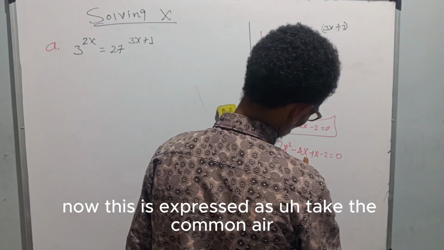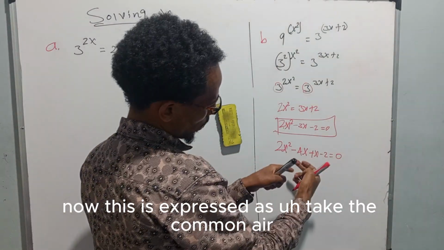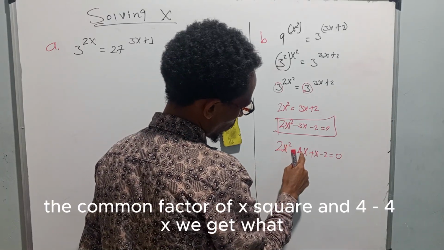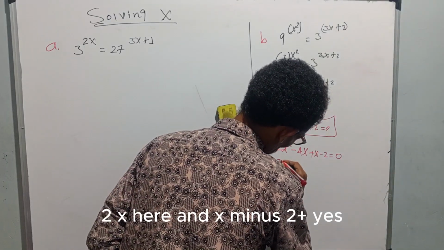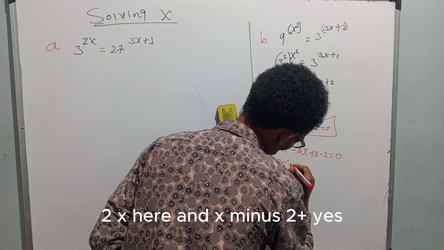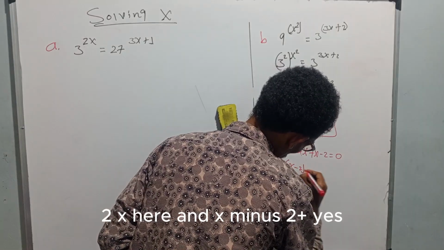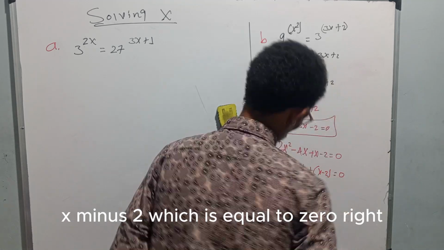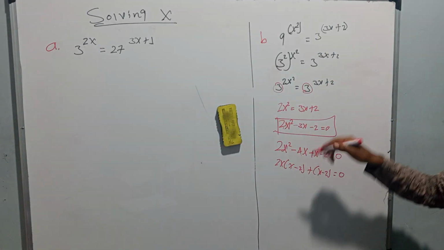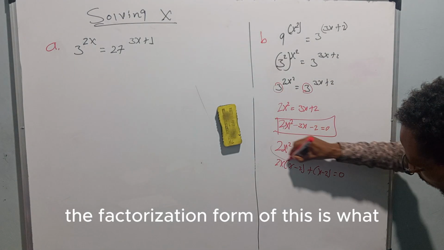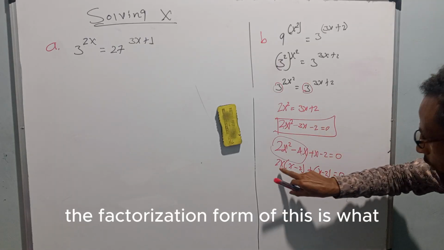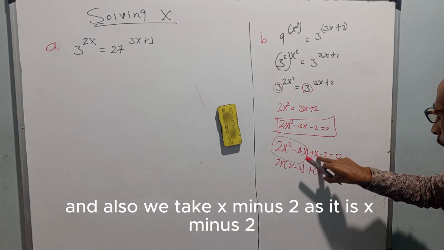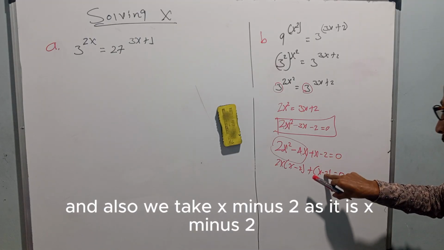Now this is expressed as, taking the common factor of 2x squared and minus 4x, we get 2x here, x minus 2, plus x minus 2, which is equal to 0. The factorization form of this is 2x times x minus 2, and also we take x minus 2 as it is.